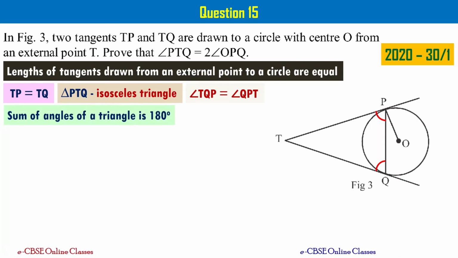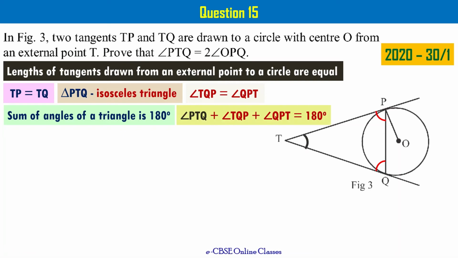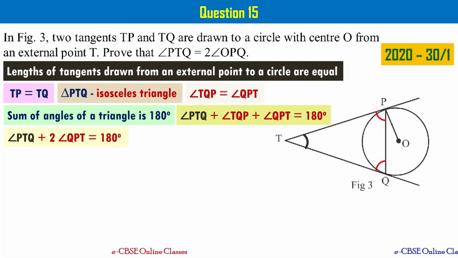And we know that the sum of angles of a triangle is 180 degrees. It means angle PTQ shown using black color line plus angle TQP plus angle QPT equal to 180 degrees. Let me rearrange this, and we know that angle TQP equal to angle QPT, right? When you rearrange it, you can write it as angle PTQ plus 2 times angle QPT equal to 180 degrees. Please take a note of this.